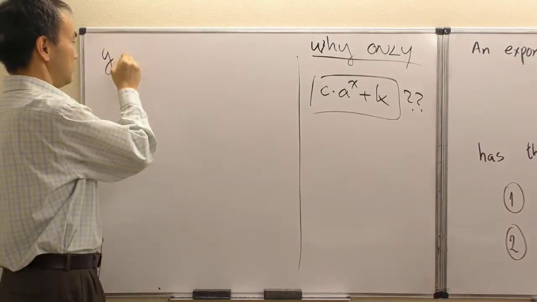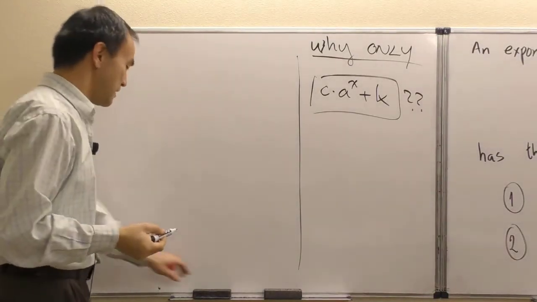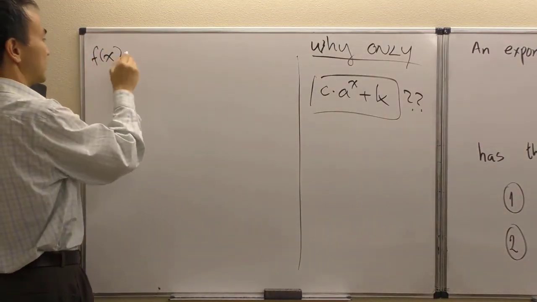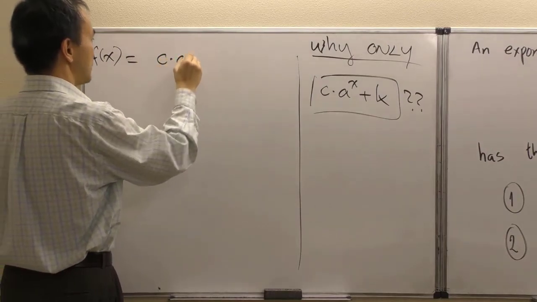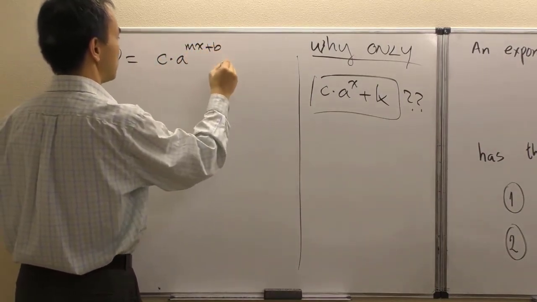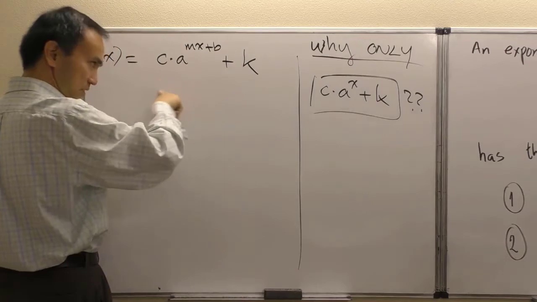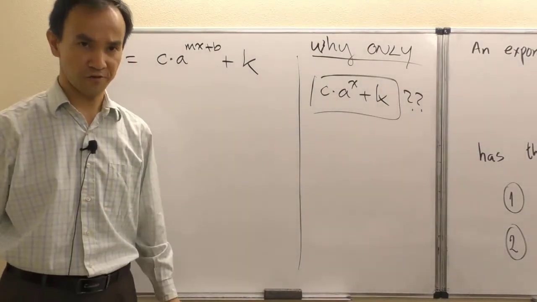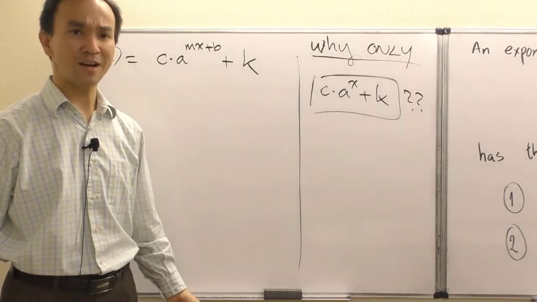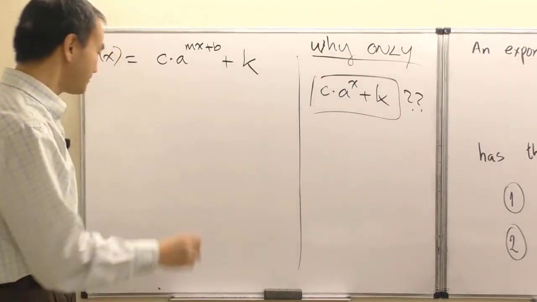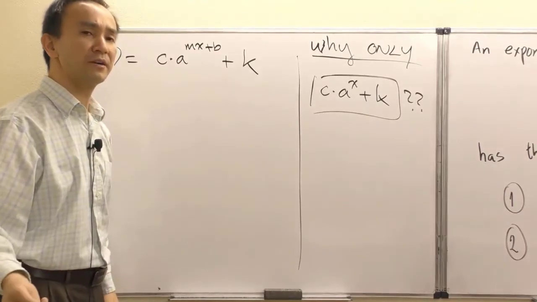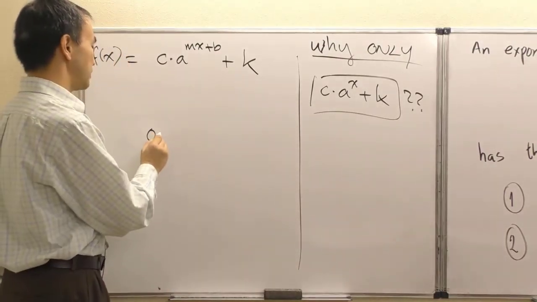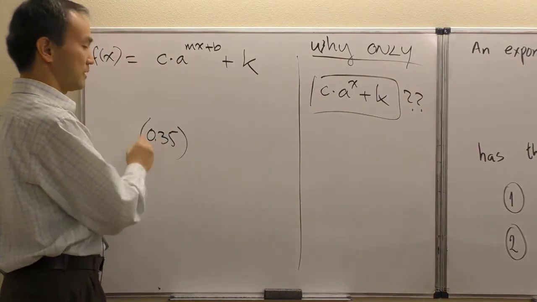So we already agree that generally any function of x in the form c times a to the mx plus b plus the constant k is officially an exponential function. Okay, so now let's come up with one quick example. How about 0.35 as the base.